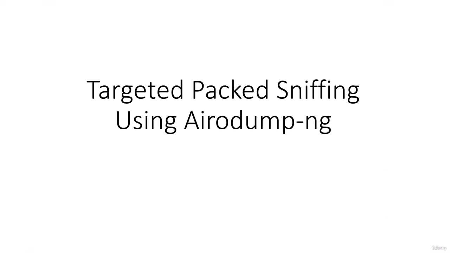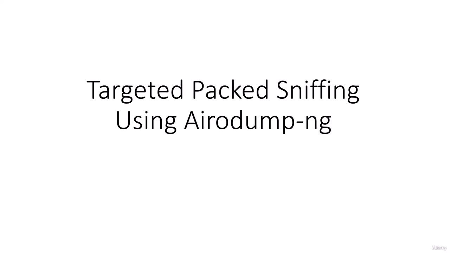So now we'll talk about how to target packet sniffing using Airodump-ng. Previously we saw how to use Airodump-ng to see all the networks that are within our Wi-Fi range and collect information about those networks, such as BSSID, the channel, the distance between us and the access point, the encryption that it uses, and so on.